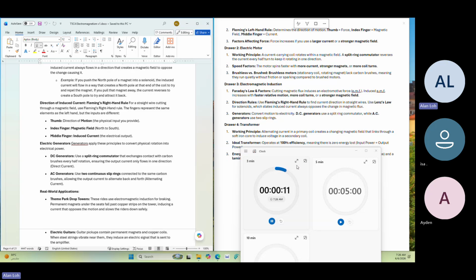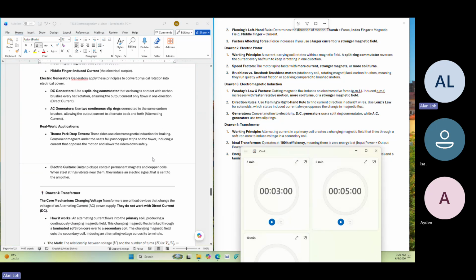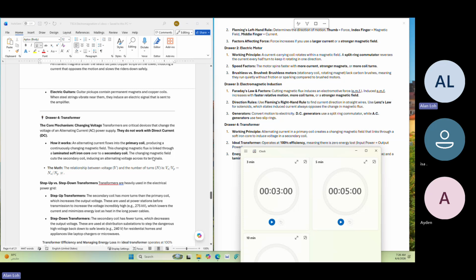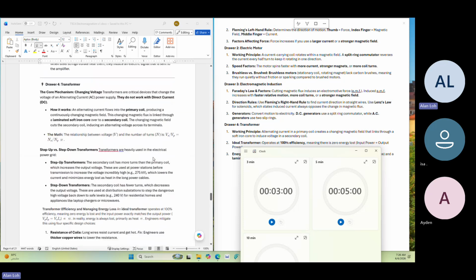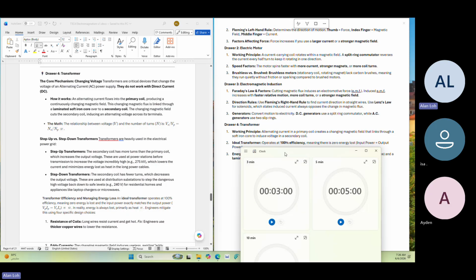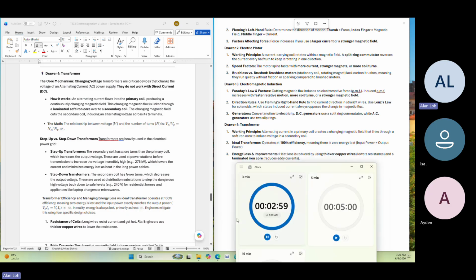Ten more seconds. All right. Okay. So let's continue on drawer 4, the last drawer. We'll do also 3 minutes. Let's start now.